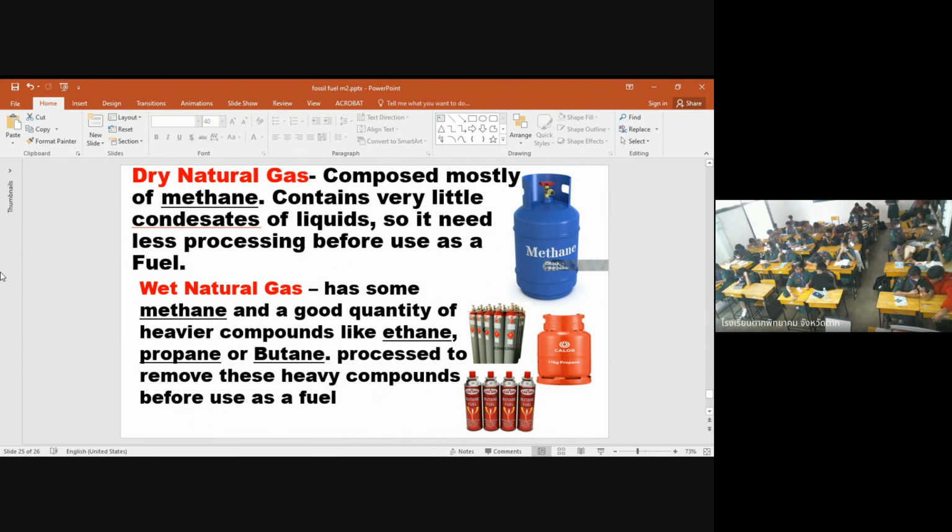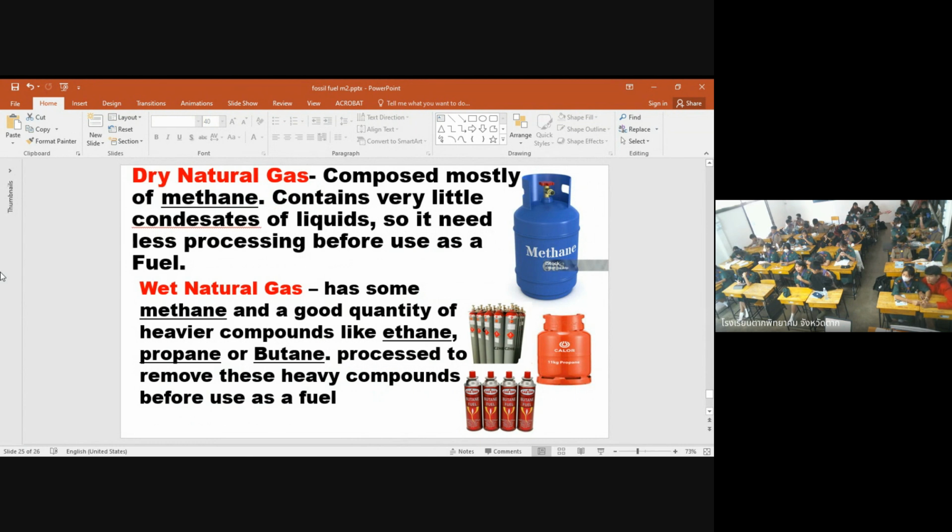So there is a process to remove these heavy compounds before use as fuel. Again, they will remove or take away these compounds before we use it as fuel.